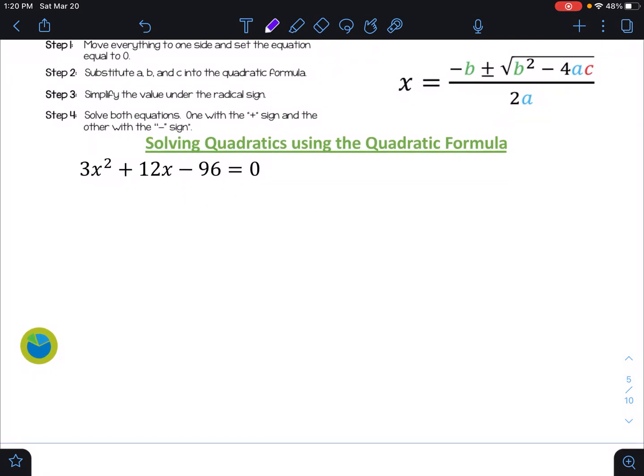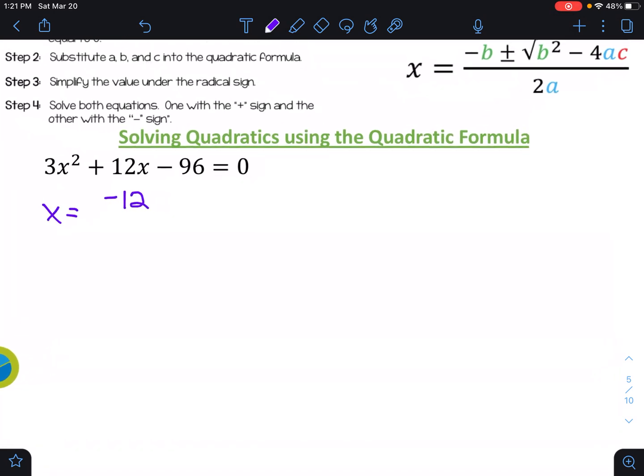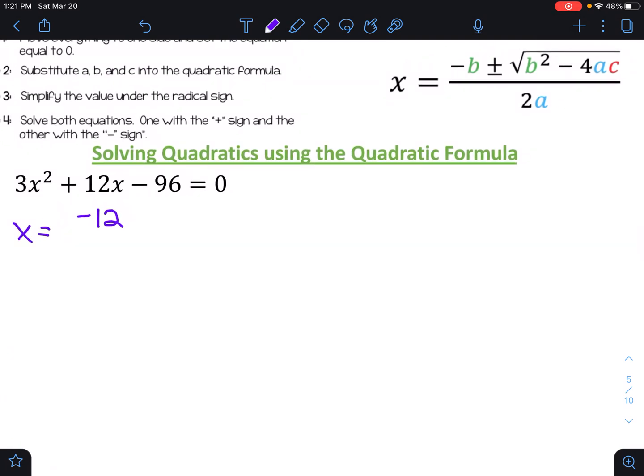Okay, so I'm going to follow the formula. It says x equals opposite of b. b is 12, so I'm going to write negative 12 here. And this might be the only place where you don't really need to put things in parentheses. Everything after this, you should put it in parentheses, especially underneath the radical.